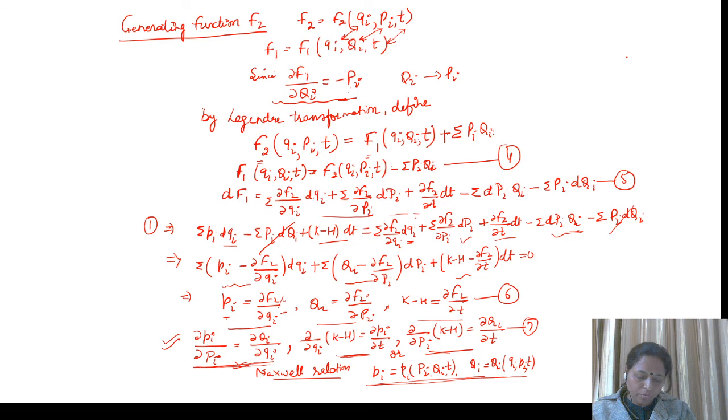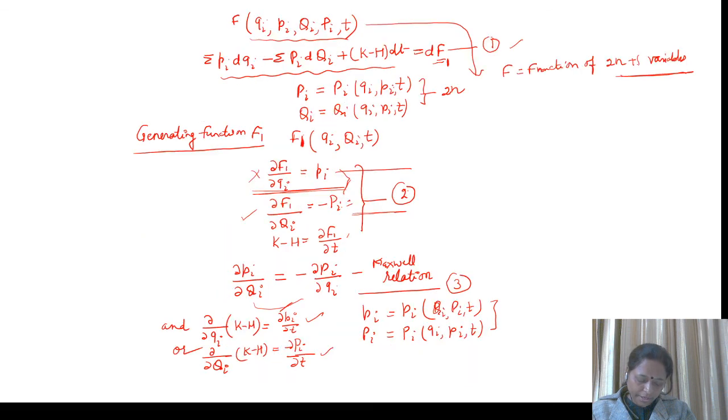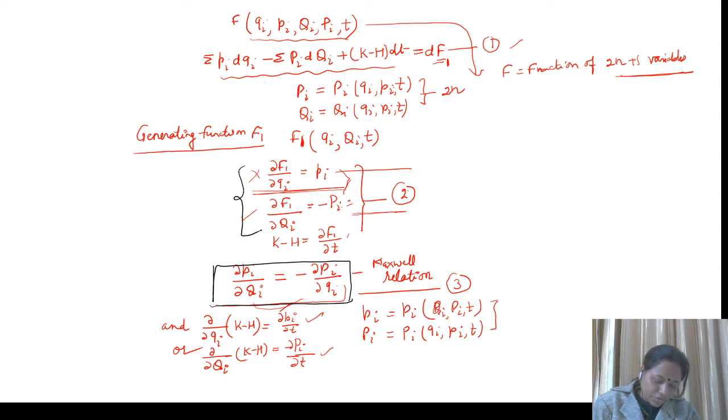So if you look at the relations, this is one relation, which is the Maxwell relation, and this is one set of equations for F1. Here you have not to talk about F1.